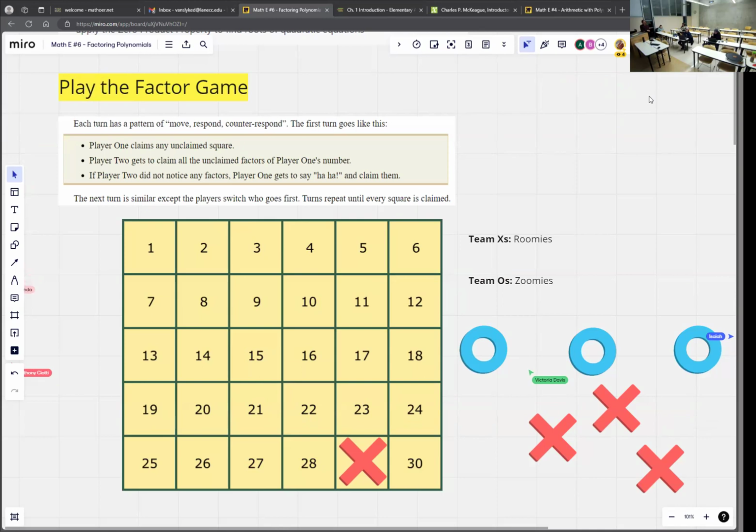One of the zoomies, grab an O and move it to the factor that you get. Yeah, because 1 times 29 is 29.